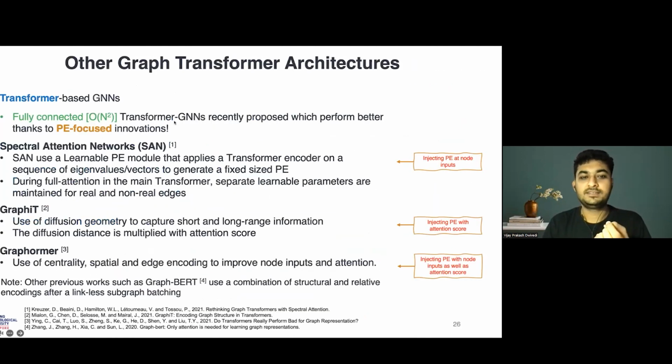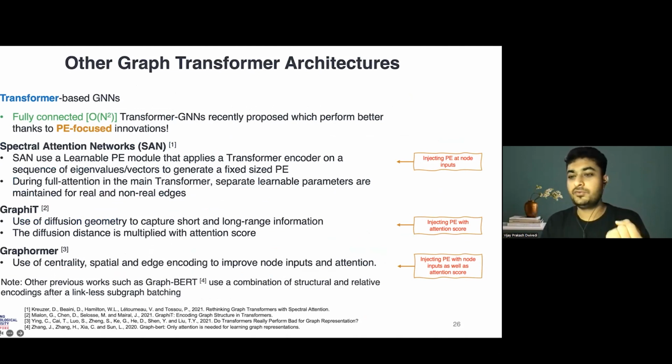When we have these fully connected transformers, it means exactly the same thing that you mentioned, that we remove the mask for restricted attention based on the graph sparsity. So when we remove this restriction and have full attention, we must compensate for the graph structure information that we are losing because of this setting.